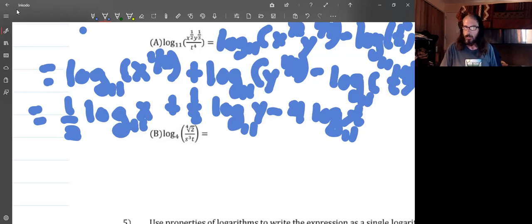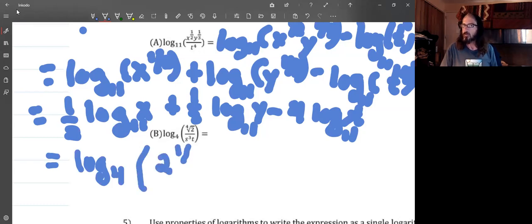Things with radicals, we're going to want to rewrite 4th root of 2 as 2 to the 1/4. And then that's all over the s cubed t.